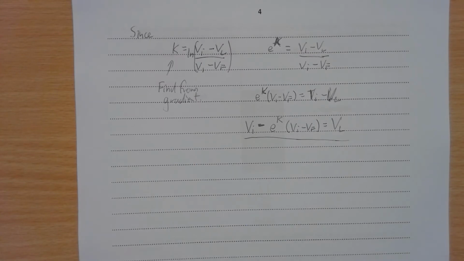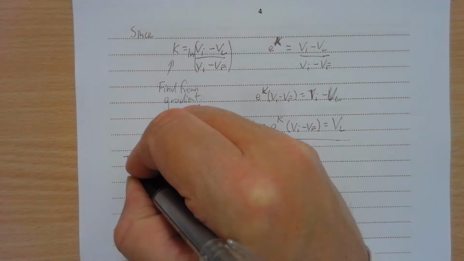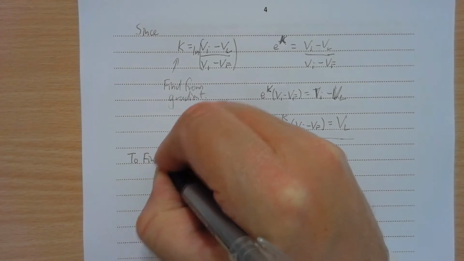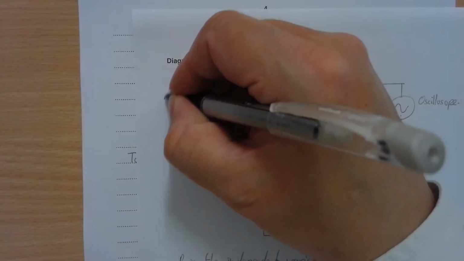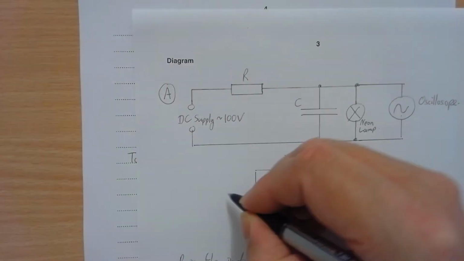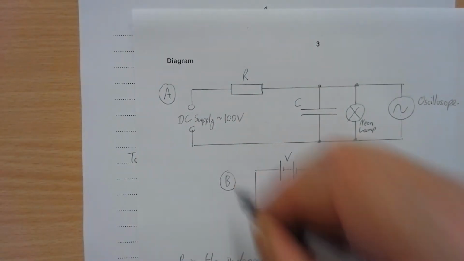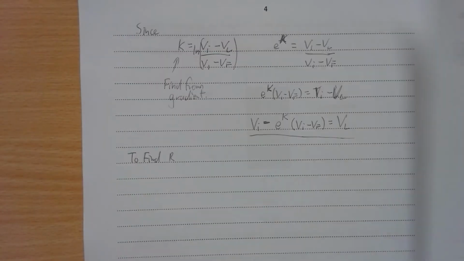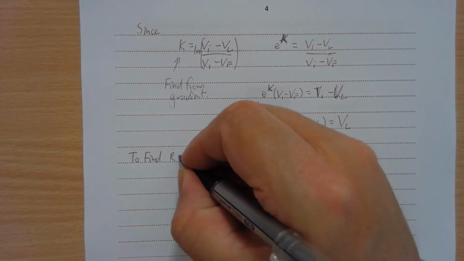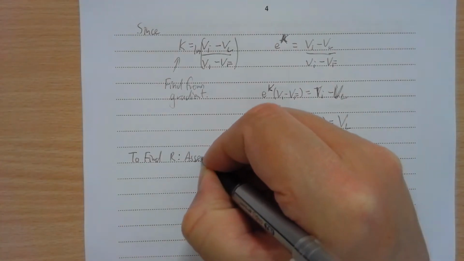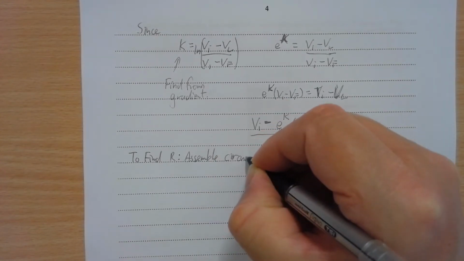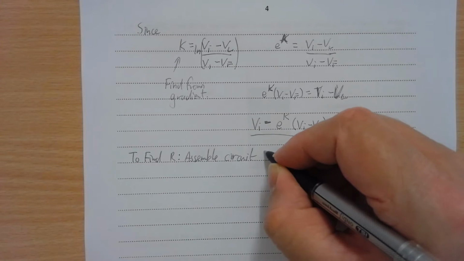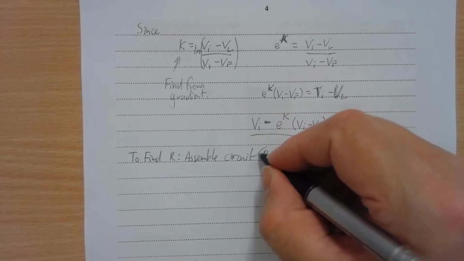So we would need to say, to find R, and I'm going to do a little shortcut here. I'm going to call this A. I'm going to call this B. So I could say, to find R, assemble circuit B. I even draw a ring around it.